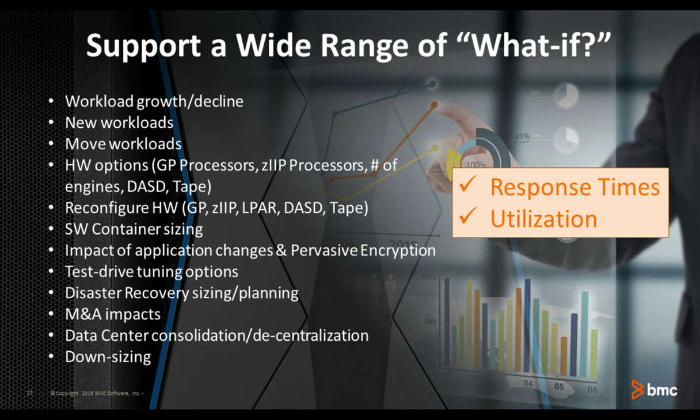M&A happens in organizations, and one of the questions that comes up is how do we process the work of the combined companies? Are we going to add it to our existing applications, or are we going to co-process multiple applications? And those are questions that can be answered, as well as the questions of data center consolidation or decentralization and downsizing.